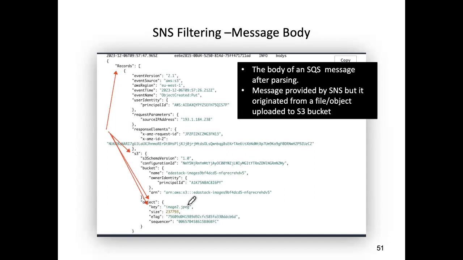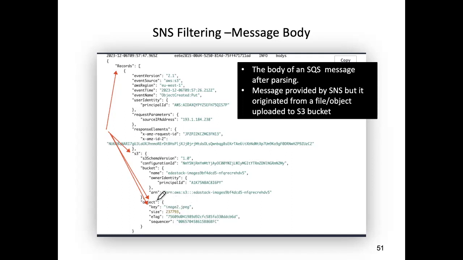Now, supposing I want to express a filter that said, I only want messages to get through to the SQS queue and subsequently to the Lambda where the file name begins with image. So how do I express that in my filter policy, if you like?